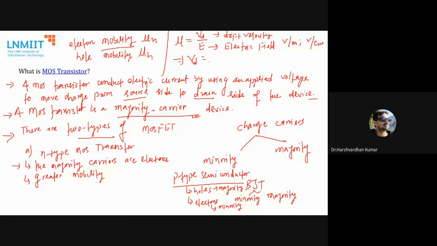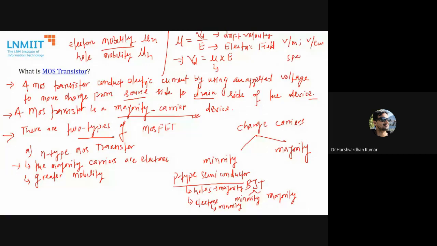So VD is equal to mu multiplied by E. So what is the unit of mobility now? What is the unit of speed or velocity? Meter per second.